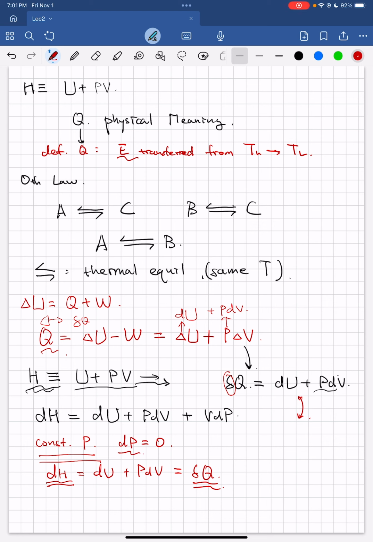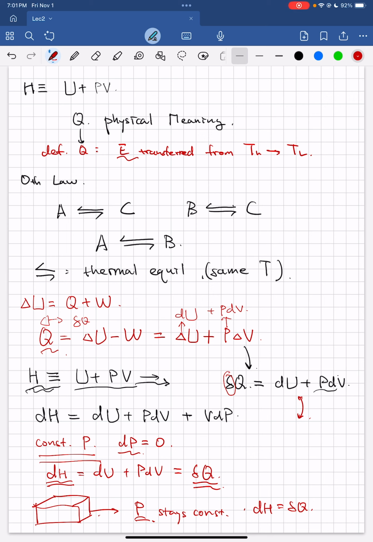So at constant pressure, the infinitesimal change of enthalpy is going to be equal to delta q at constant pressure. So people are very smart, because when we do materials science, normally pressure doesn't really change. Pressure stays constant for most general cases. So dH equals delta Q for general cases.